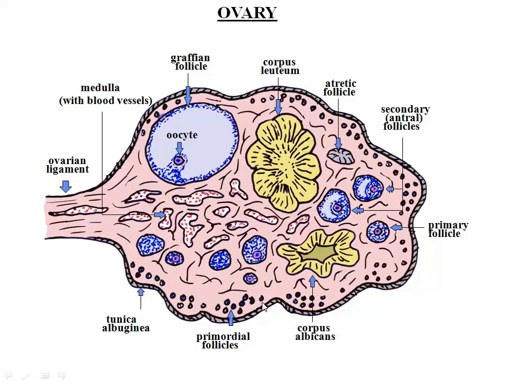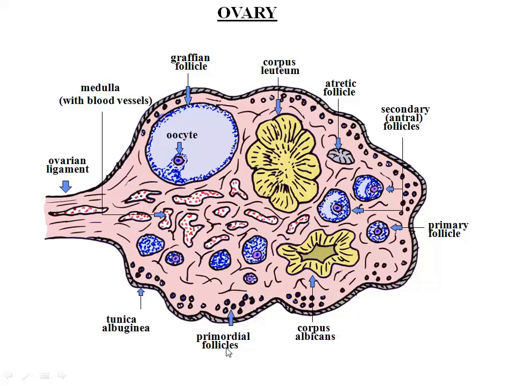So these are the primordial follicles, then the primary follicles, then the secondary follicles, then here is a corpus luteum, then corpus albicans, and this is a Graafian follicle. Now if you want to read this in sequence, the sequence starts with the primordial follicle, the first stage of development of germinal epithelial cells.